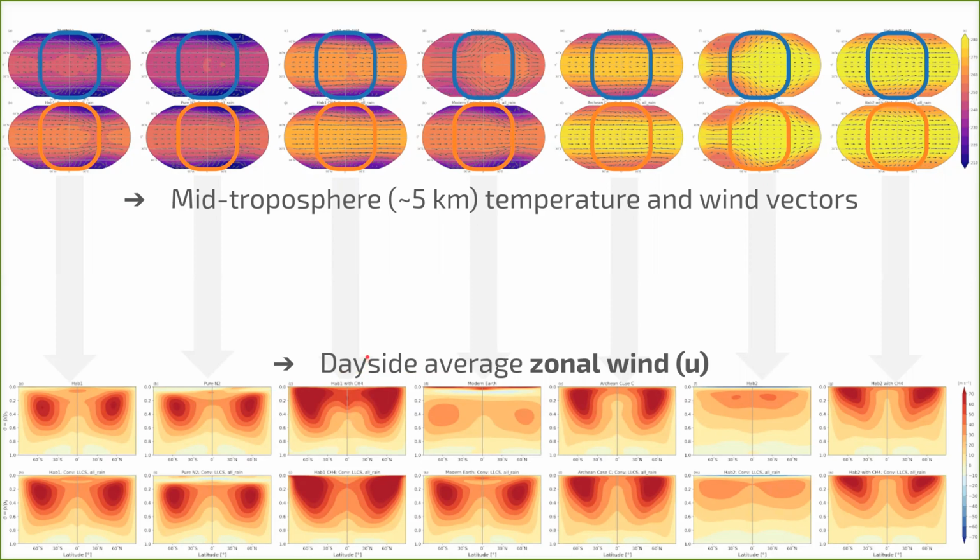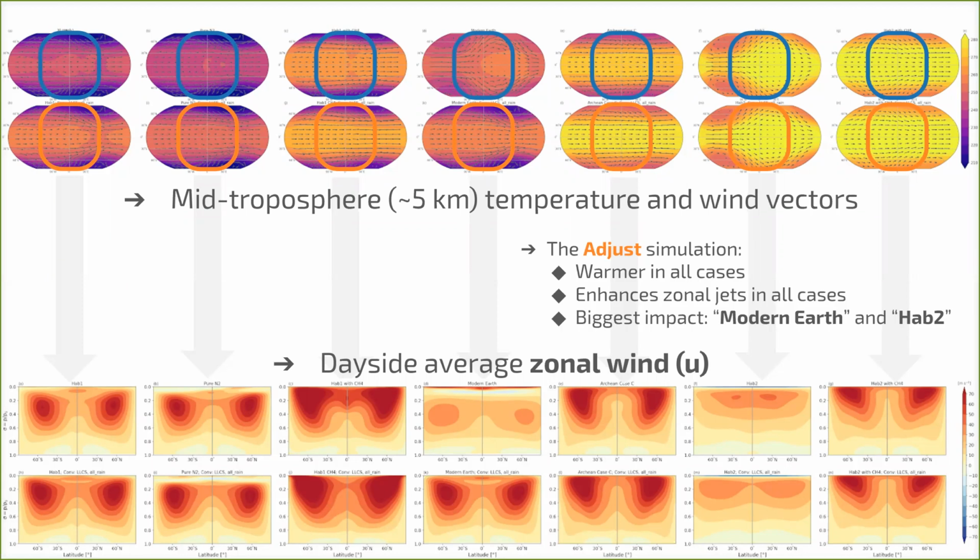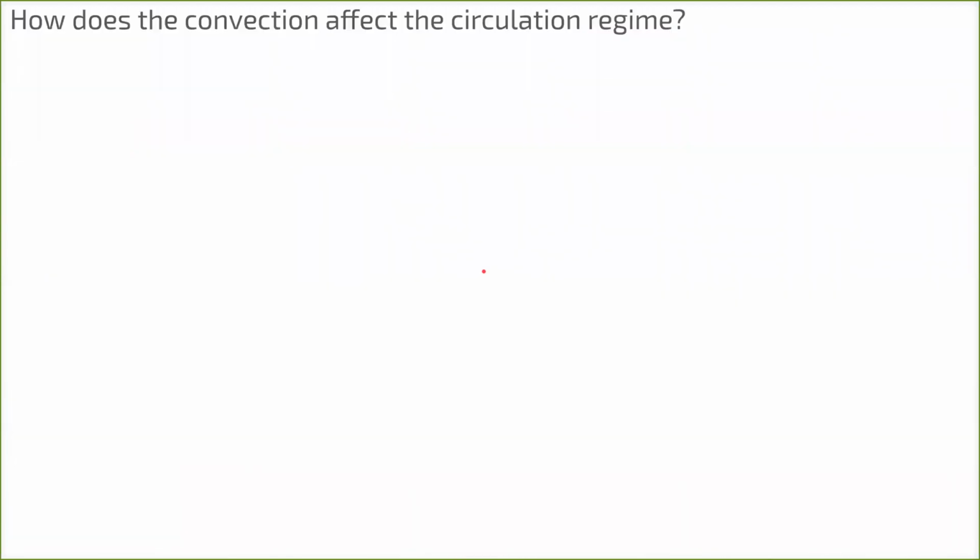And the strength of this zonal jet depends on the convection parameters. So the adjustment simulation results in a warmer climate in all cases, and it also overall enhances zonal jets in all cases too. And the biggest impact is seen for the Hab2 simulation, but especially for the modern Earth shown in the middle here. So why does this happen?